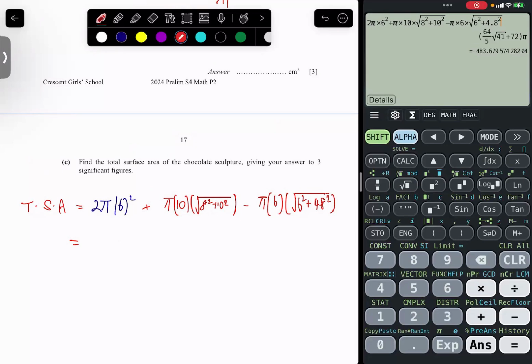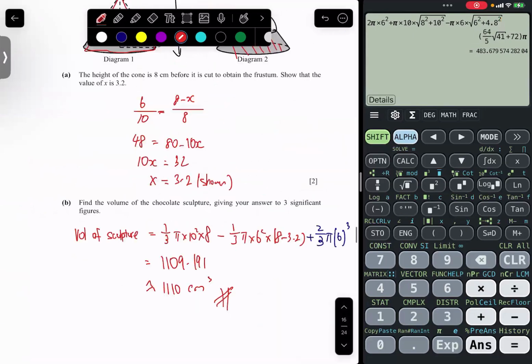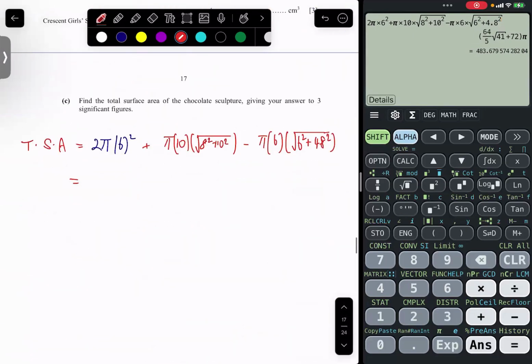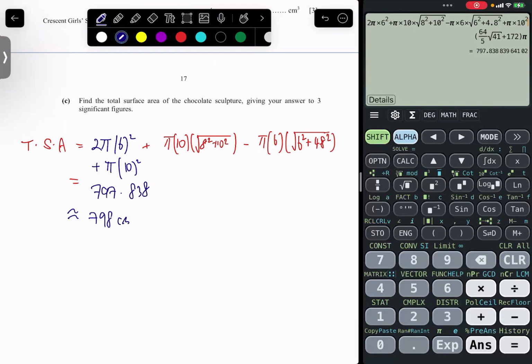So I'll get 483. Oh, wait, still got one more. Plus the bottom, plus pi times 10 squared. So 797.83 rounds off to 798 centimeters squared.